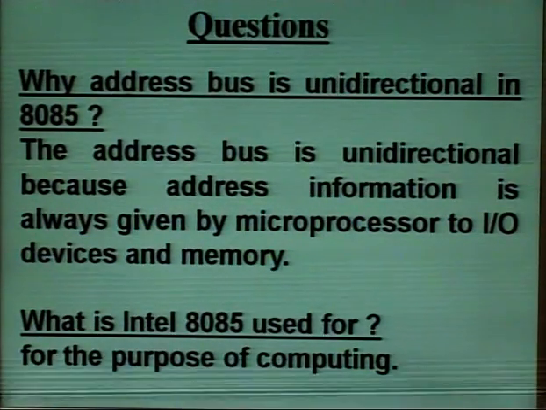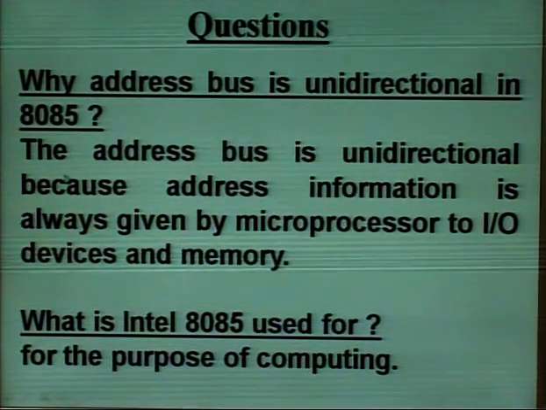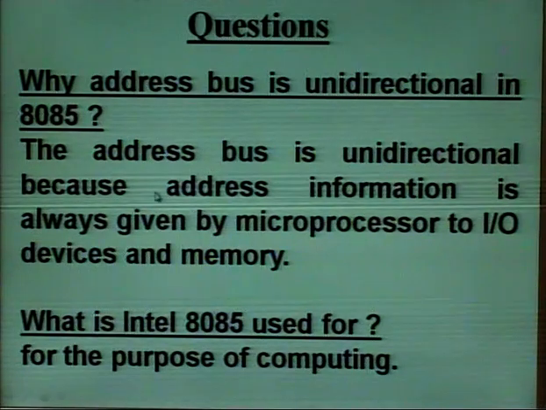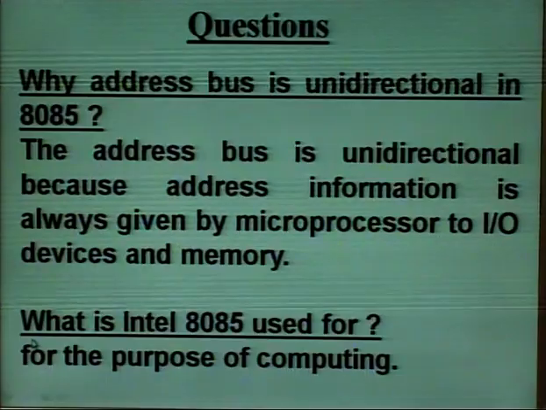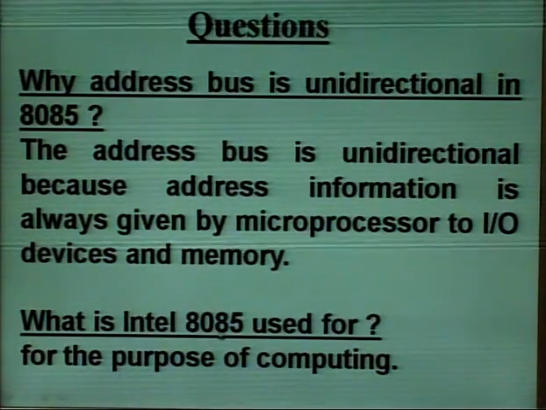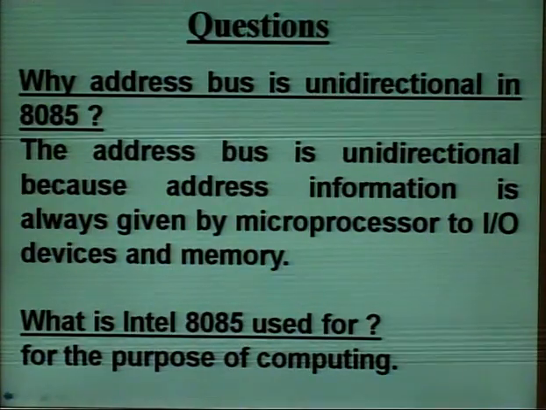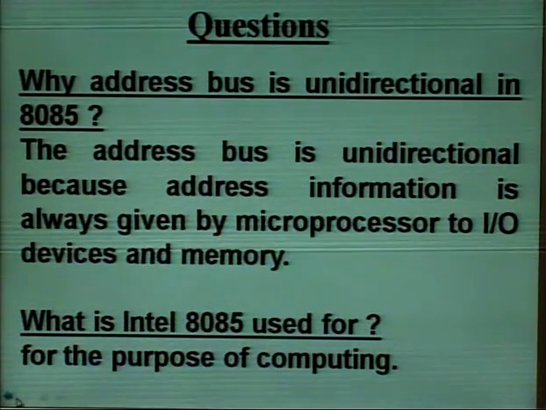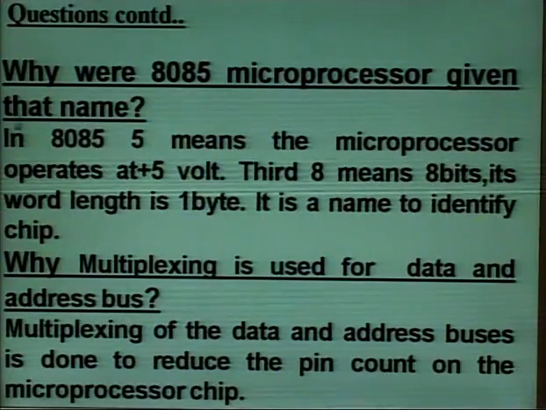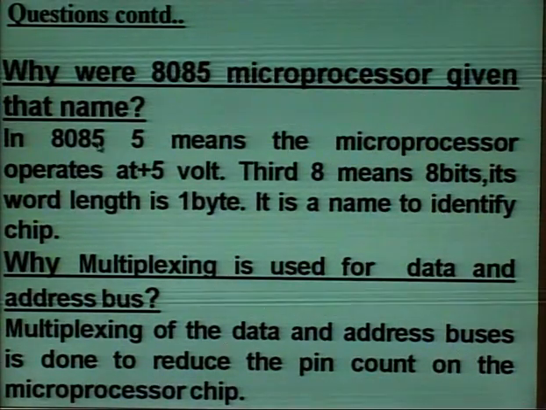Important questions from this chapter: why is the address bus unidirectional in 8085? The address bus is unidirectional because address information is always given by the microprocessor to input output devices and memory. What is Intel 8085 used for? The purpose of 8085 is computing. Why was the 8085 microprocessor given that name?